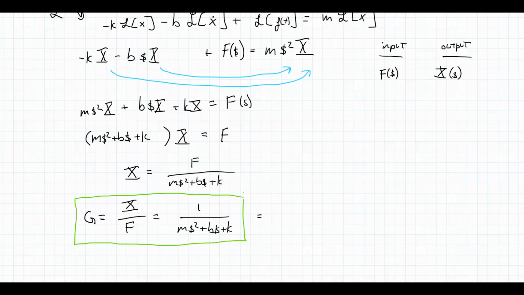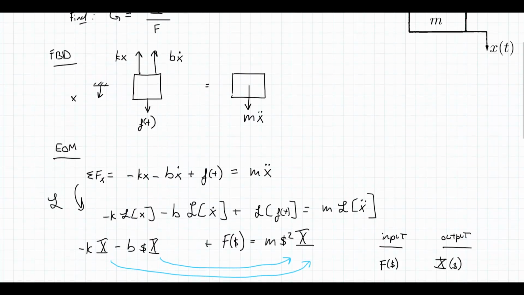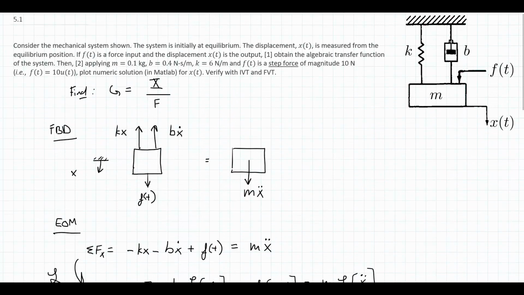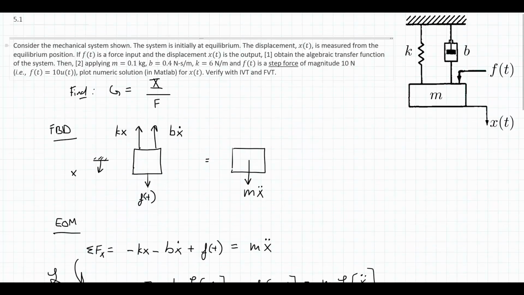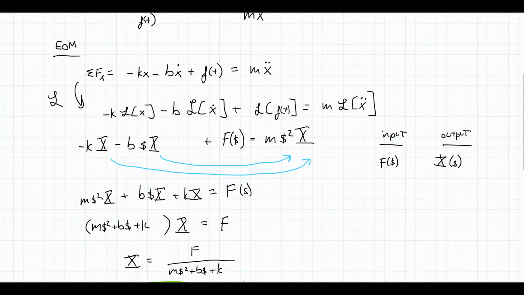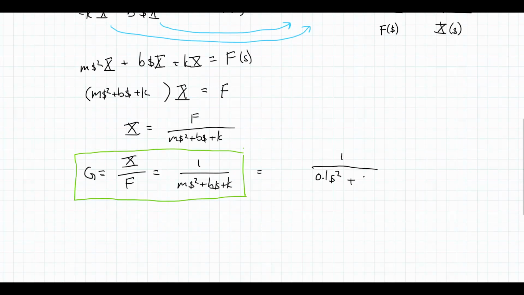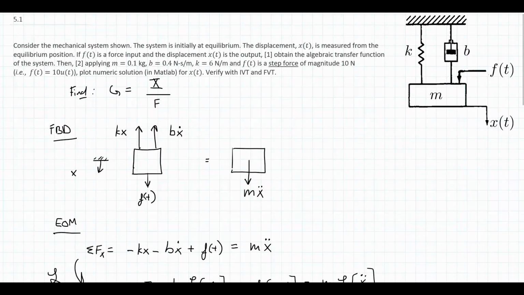Now I will put in the numerical values that were given for m and b and k. So we are told here an m of 0.1. So this will be 1 over 0.1 s squared plus our b value is 0.4, so plus 0.4 s plus our k value is 6.